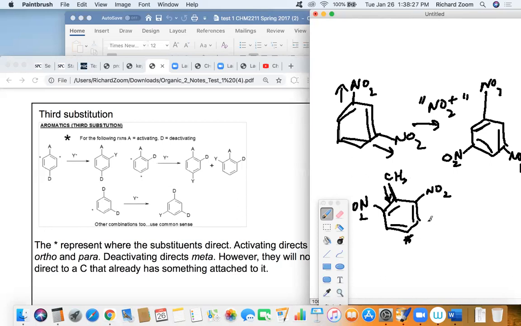The only place it can direct is here. The NO2 groups are already in that position. This is not one we like to do in the lab. Any ideas why? It's TNT, trinitrotoluene. Yeah, one we like to avoid. So that's TNT.